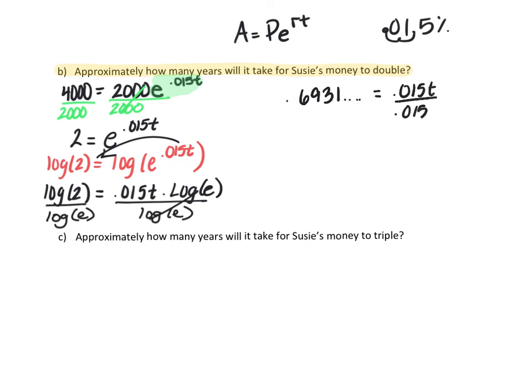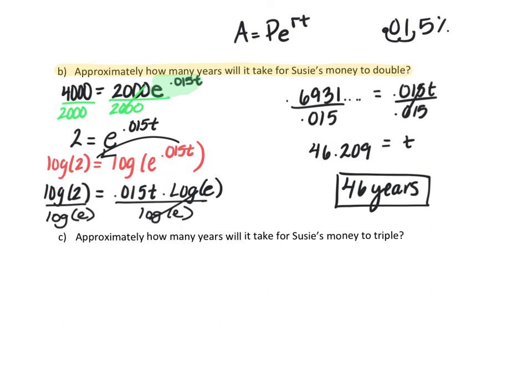And then we just divide by the 0.015. Remember, using all of the decimals in the calculator, don't round it until the very end. And you should be getting 46.209, so approximately 46 years.